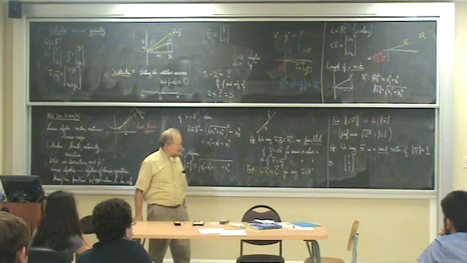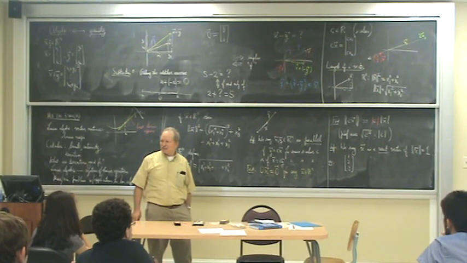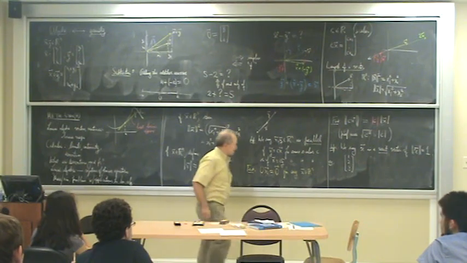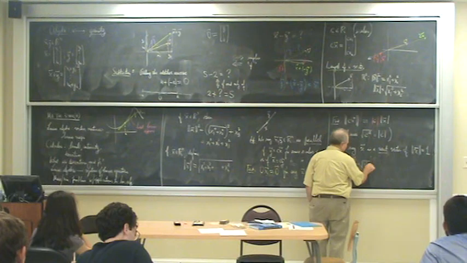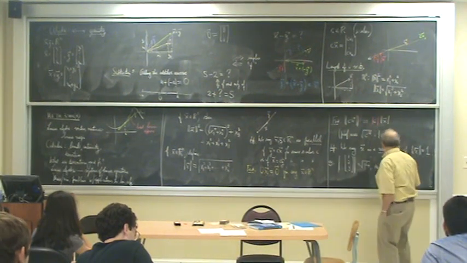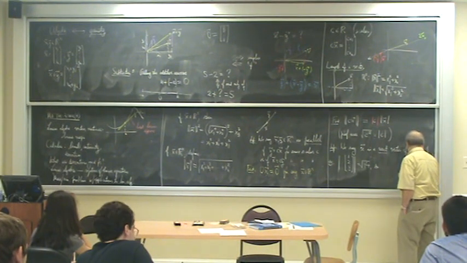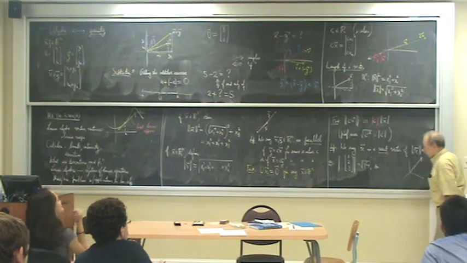Square root of 1 plus 4 plus 9, 14. So this vector has length square root of 14. Here I have a vector, I'm not pretending it's drawn to scale. It's got length square root of 14.